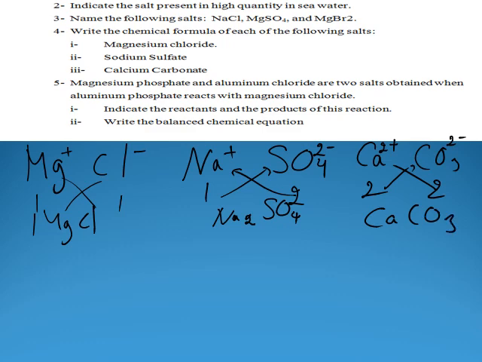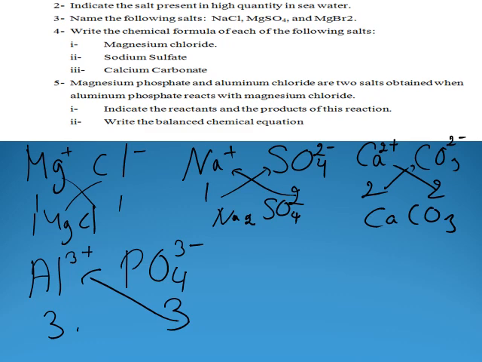Here we have aluminium phosphate. How did we get aluminium phosphate as AlPO4? Aluminium is Al3+, phosphate is PO4 3-. This charge is 3 and this charge is 3. By the crossover technique, we get AlPO4.